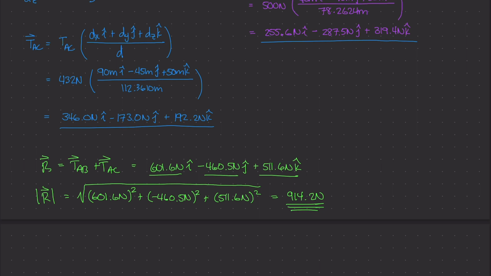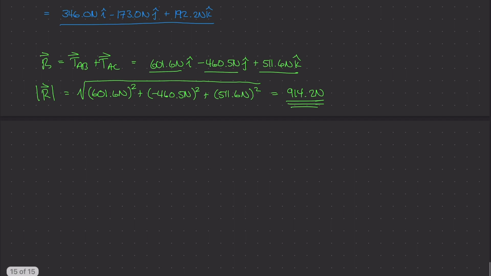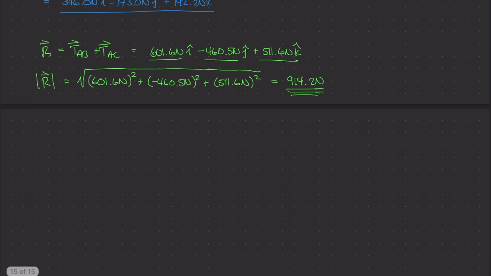The second part asked for the orientation via direction cosines for this problem. Now, if you remember from the last few lectures, we learned that direction cosines we could represent using cosine of theta x, theta y, and theta z. So the theta values are the direction angles, and then cosine of those theta values are the direction cosines.